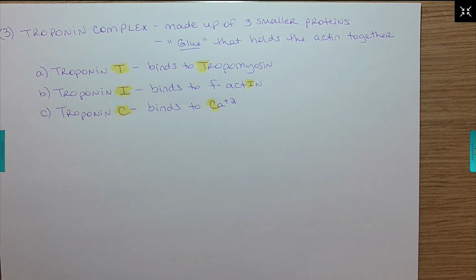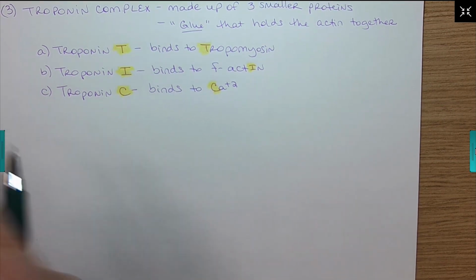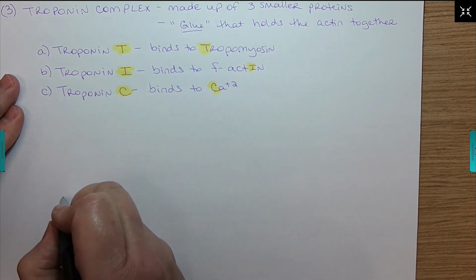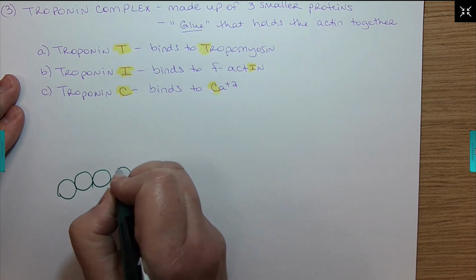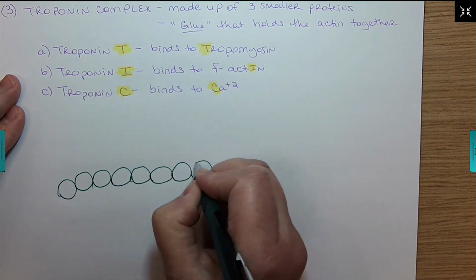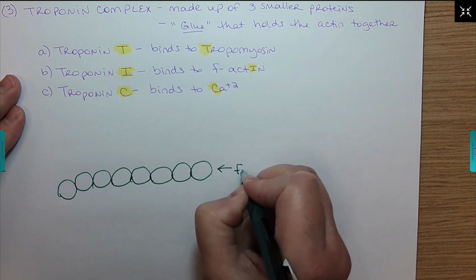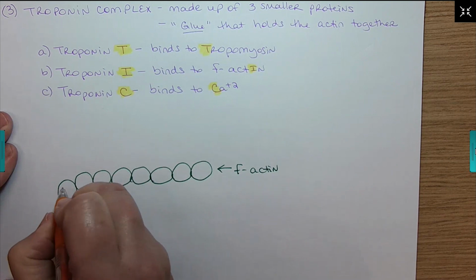So let's take a look at how this troponin is all set up. So we're going to draw our F-actin molecule. We're going to draw our active site.